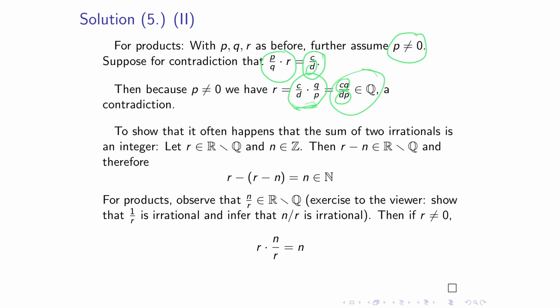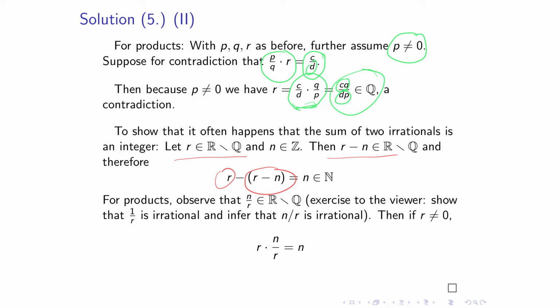Next, we're going to show that there are infinitely many irrational numbers which sum to a natural number. In particular, if you just fix any irrational number r and then we let n be any integer, then r minus n is an irrational number. We just showed in the previous exercise that this is irrational because, after all, every natural number is also a rational number.